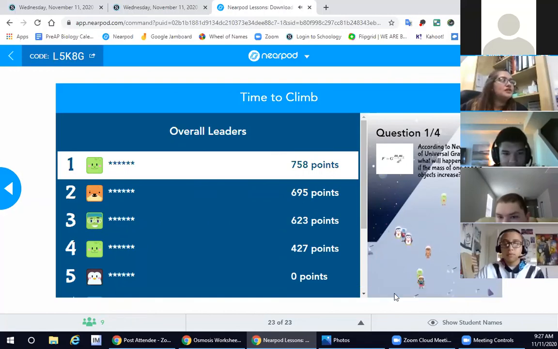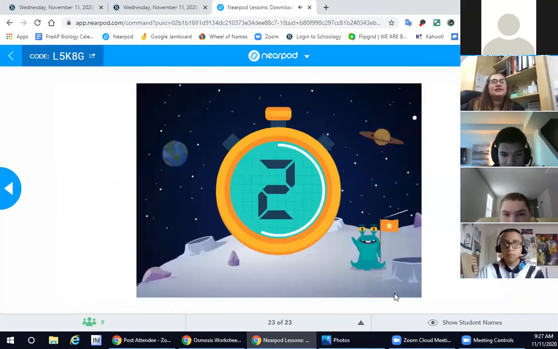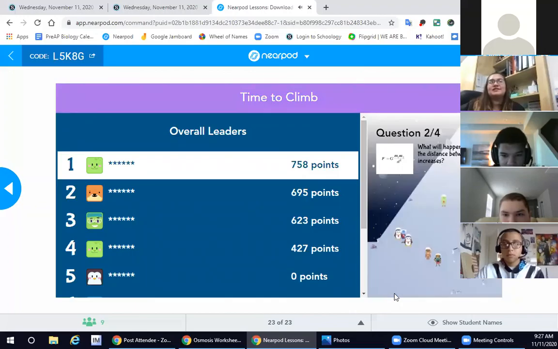Good job, Turtle. Yes, so if mass goes up, force goes up. Okay, so what will happen to the force if the distance between objects increases? So if the distance increases, what happens to force?